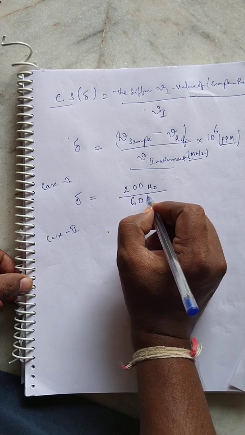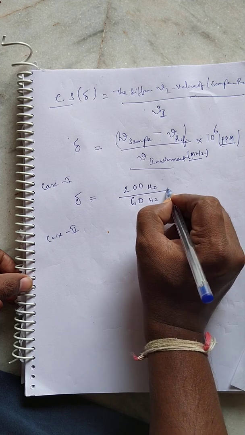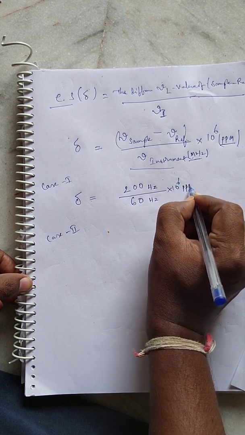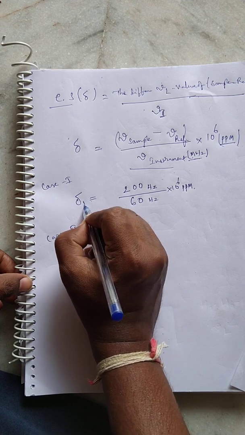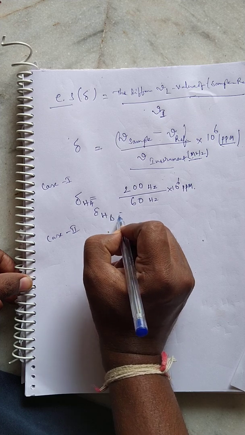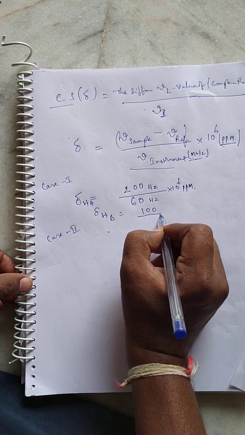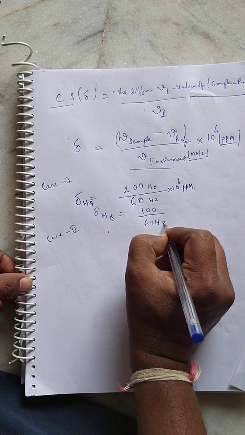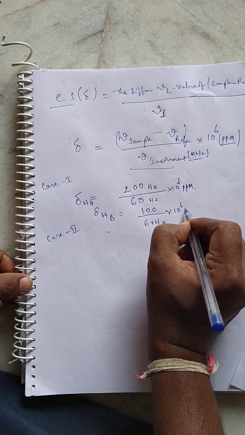Here we are not going to use mega values, because to do away with that we are using 10 to the power of 6 ppm, right? And lambda HB will be like this: 100 is the difference upon 60 hertz, into 10 to the power of 6 ppm, right?